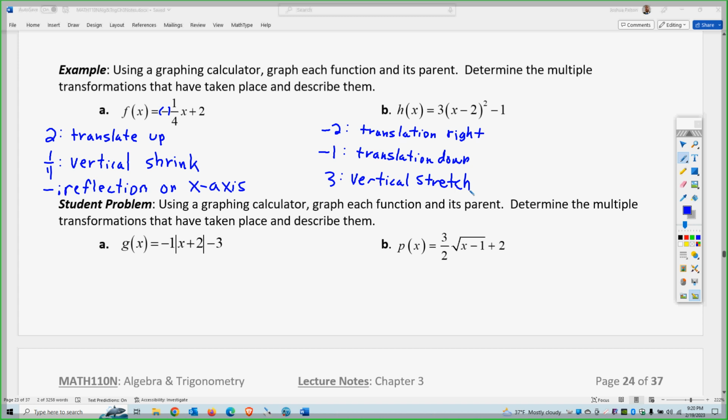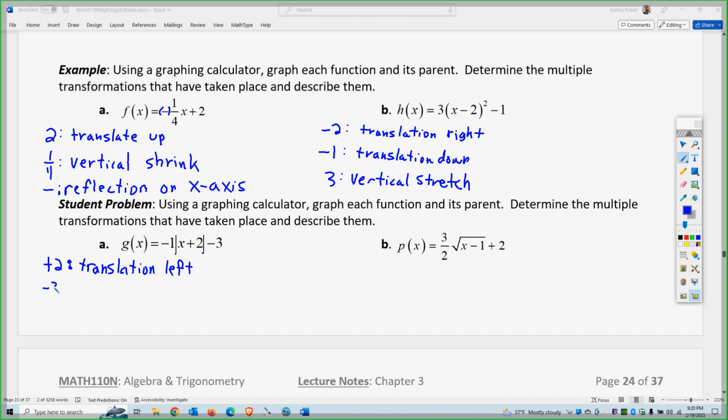Okay, so it does have a grouping symbol, right? Those are absolute values. So the +2 that's on the inside, okay, is a translation left. It's always counterintuitive on the inside.